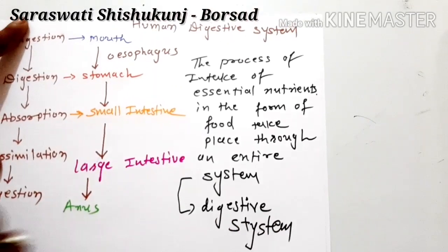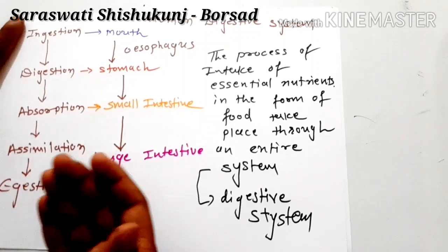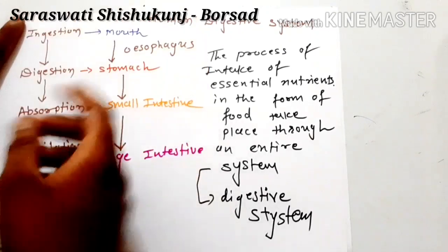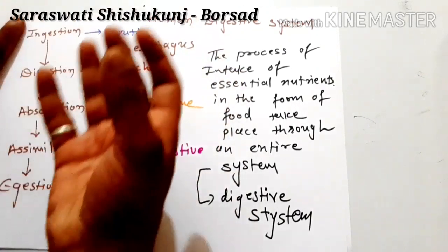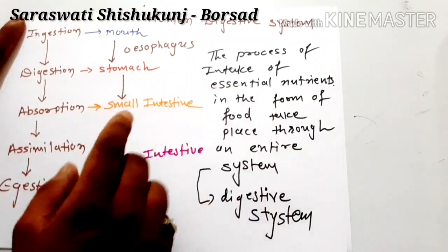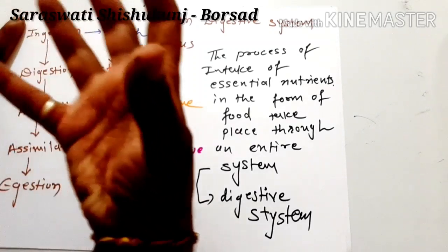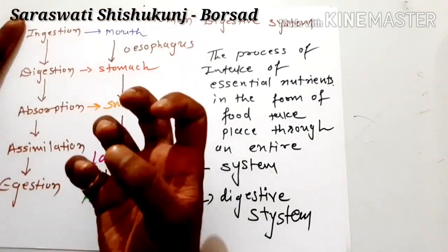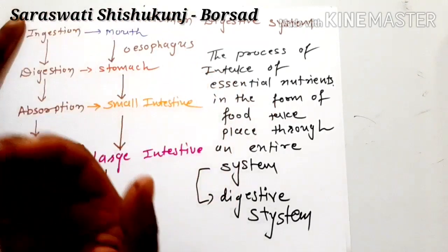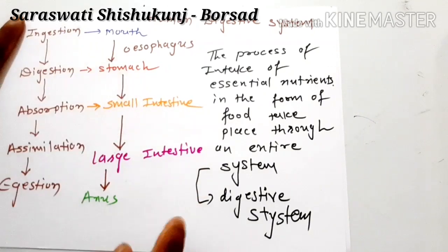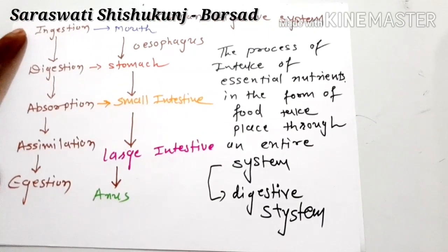And we know that this is happening in human beings, right? We are taking food, so that is the process of intake of essential nutrients. We are getting those nutrients from the food, right? So by this entire process, the gaining of nutrients by a system, that is called the digestive system.